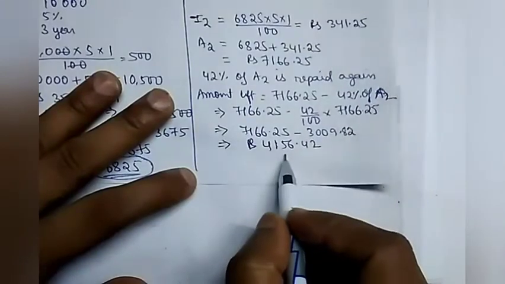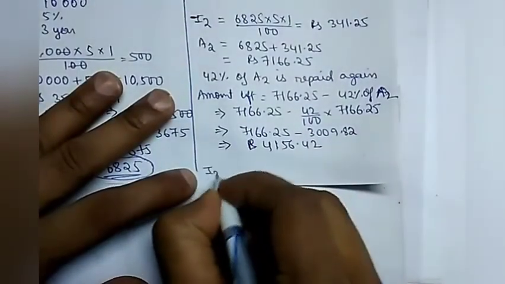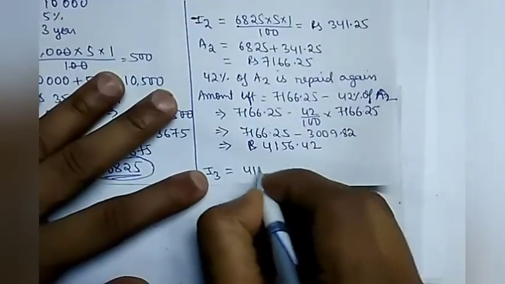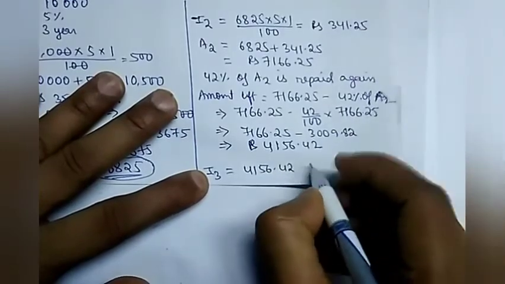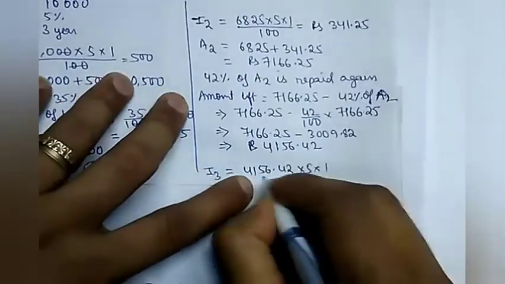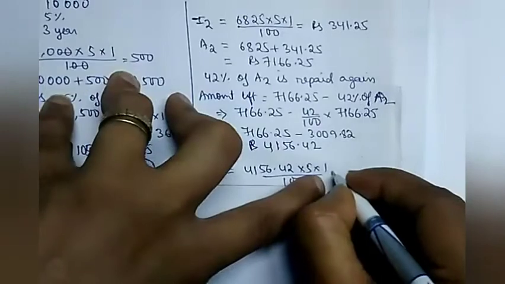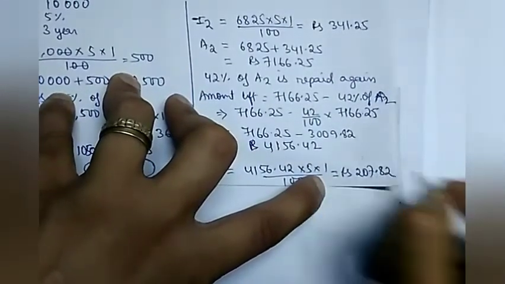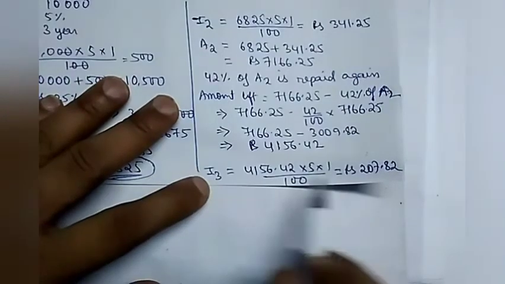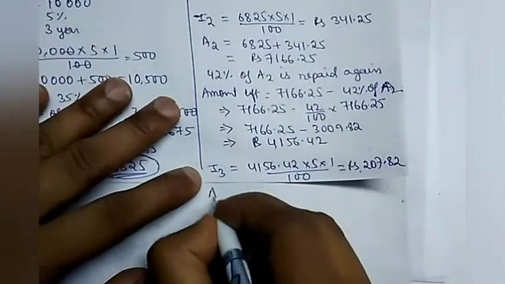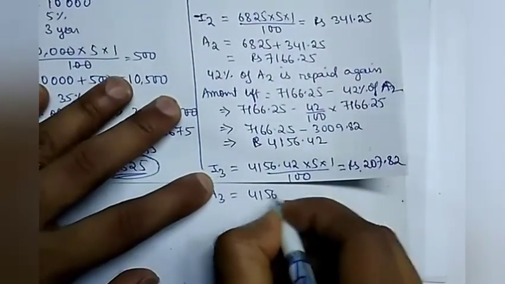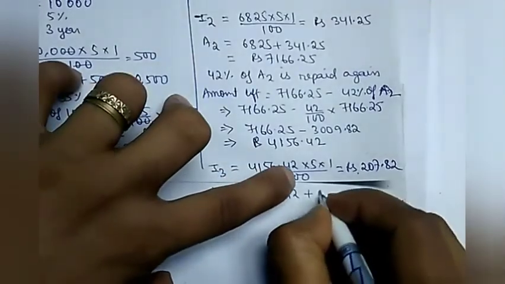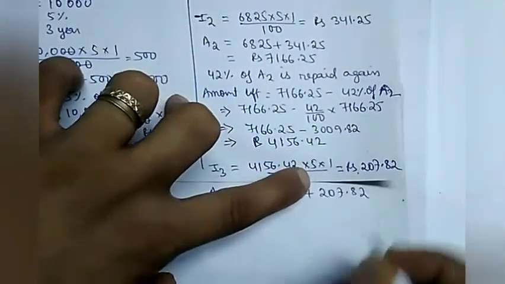So this is the new principal for the third year. So I3 is equal to 4156.42 into 5 into 1 by 100. By solving we get rupees 207.82, the interest for the third year. So the amount for the third year will be equal to 4156.42 plus 207.82.